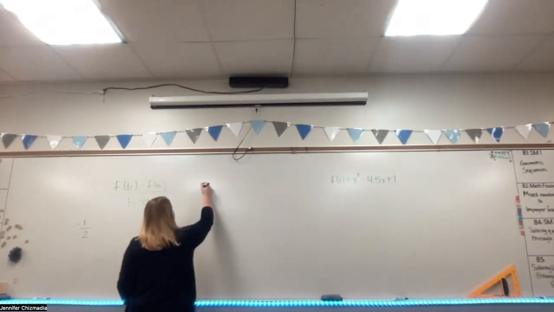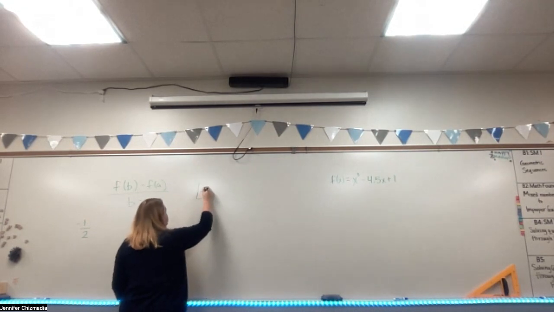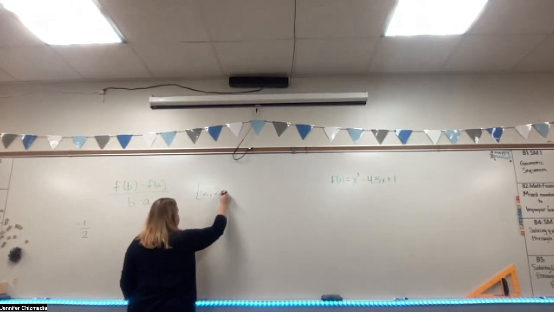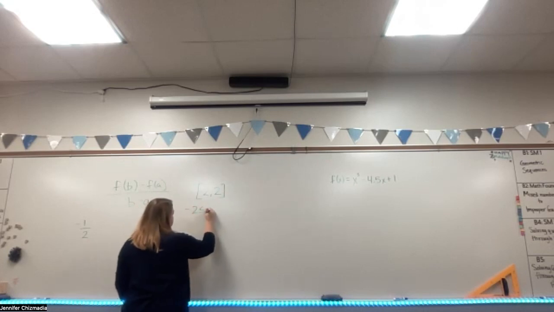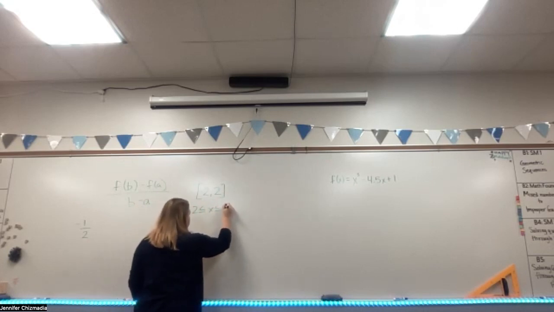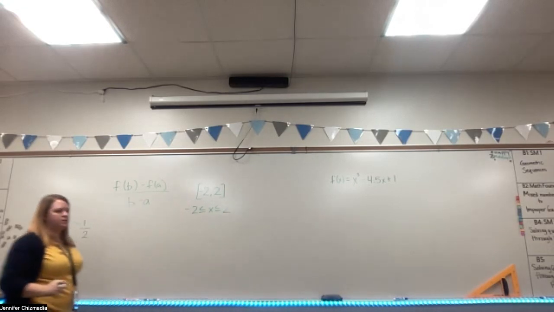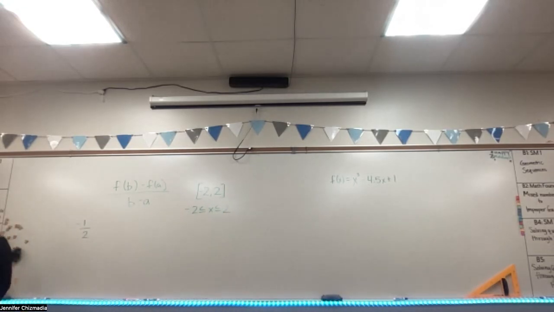Okay, so -2 to 2. Can we agree that this is the same as that? The same interval, just written in 2 different ways, so don't let it freak you out too bad. It's the exact same thing, just written a tiny bit different.